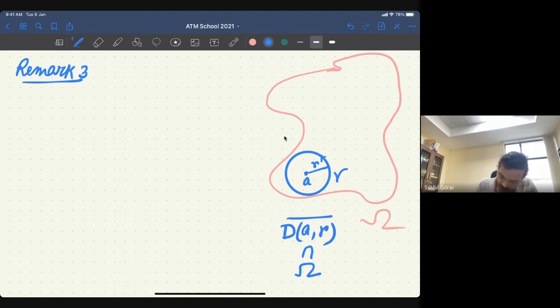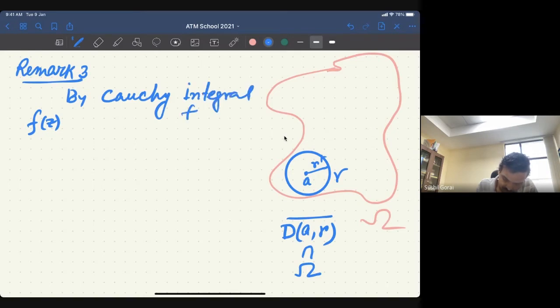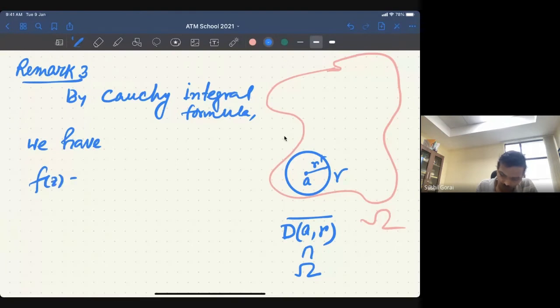So by the Cauchy integral formula we have f(z) is 1 over 2πi times the integral over |w − a| = r.